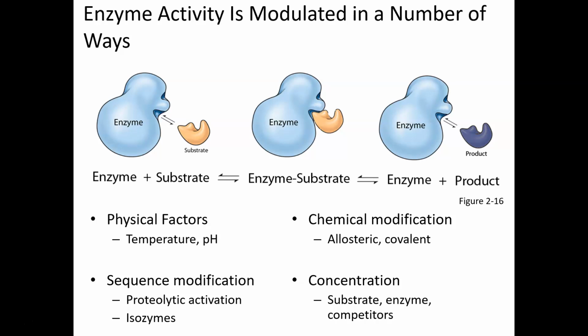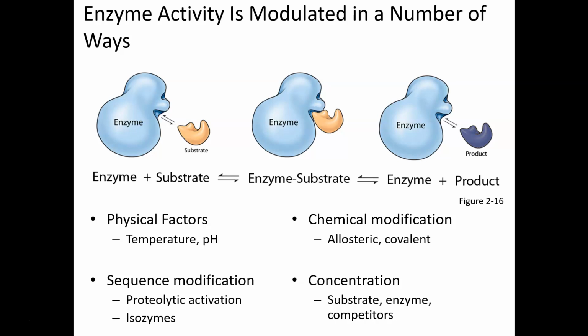We can also chemically modify an enzyme or a substrate. There's two ways to do it. One is called allosteric, where you bind to someplace else on the molecule, and the other is called covalent, where you bind something covalently to the molecule. And then we can also affect activity with the concentration.